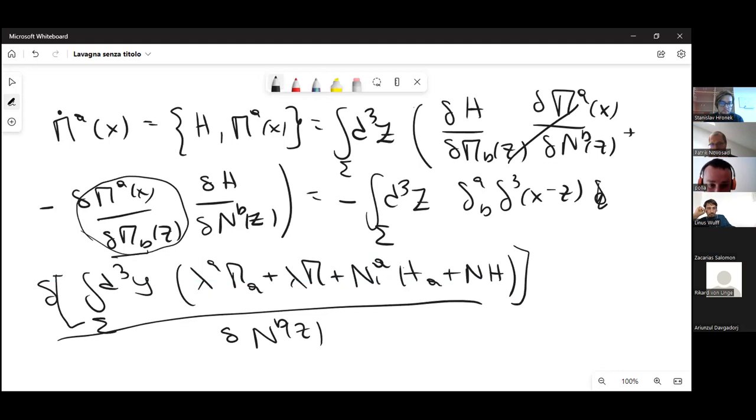Of course, this is with y. So the only term here that matters is this one. All the others vanish. So what remains is just the integral over d3y of the Dirac delta and H_A.